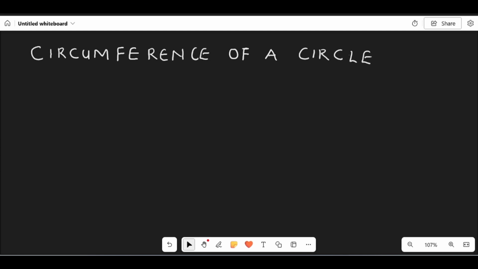What is circumference? The circumference of a circle is simply the distance around the circle, like the perimeter of a polygon. If our circle is this, the circumference will be the distance around our circle.